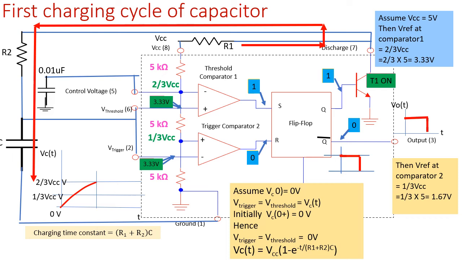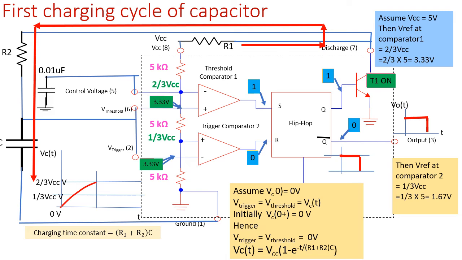Its output will be flipped; previously it was 0. In the trigger comparator it will compare 3.33 with 1.67, and as a result it will give 0. So now my previous condition is changed, SR is now 10, and this will set my flip-flop, means at Q 1 will appear, at Q complement 0 will appear, so at this time my output will switch to logic 0.